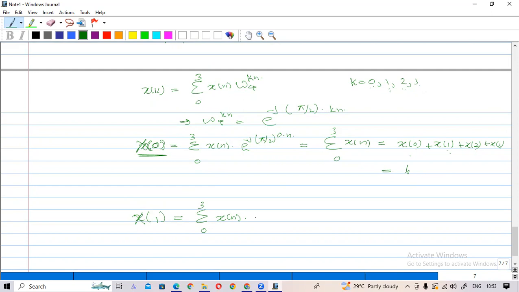So I will directly write the e terms here: e to the power minus j pi by 2, k is equal to 1, n. Now you have these e terms, and you have to consider these terms also.